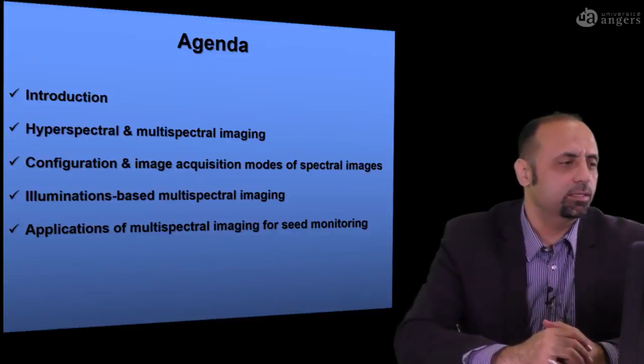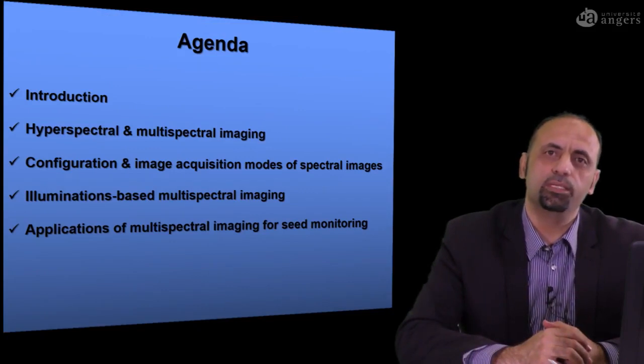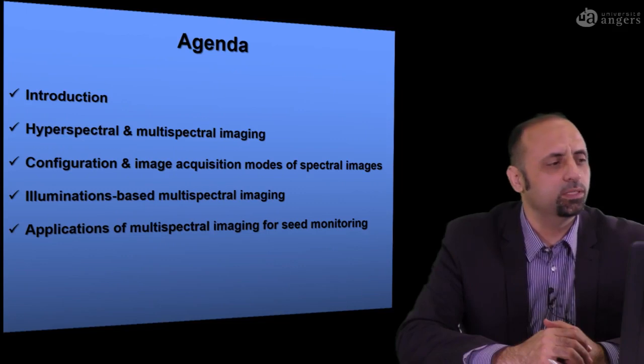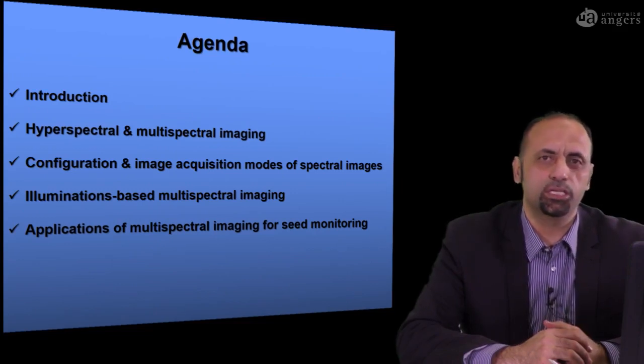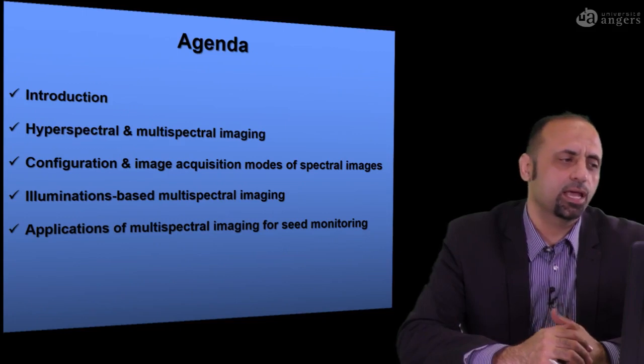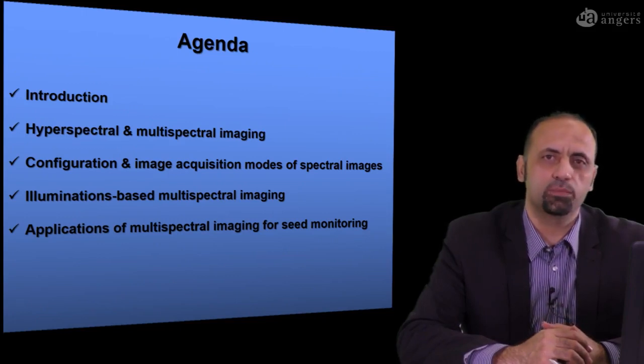This presentation will be divided into 4 segments. First of all, we will give an introduction about the hyperspectral imaging system. Second, we will differentiate between hyperspectral imaging and multispectral imaging, and how the configuration and the image acquisition move between both systems.